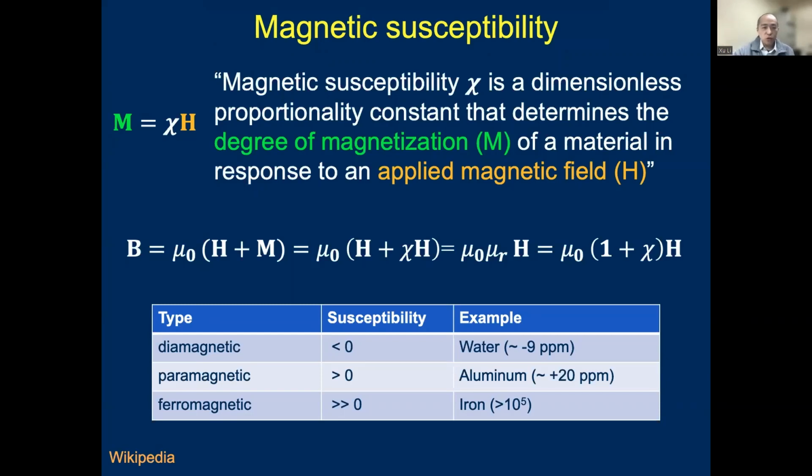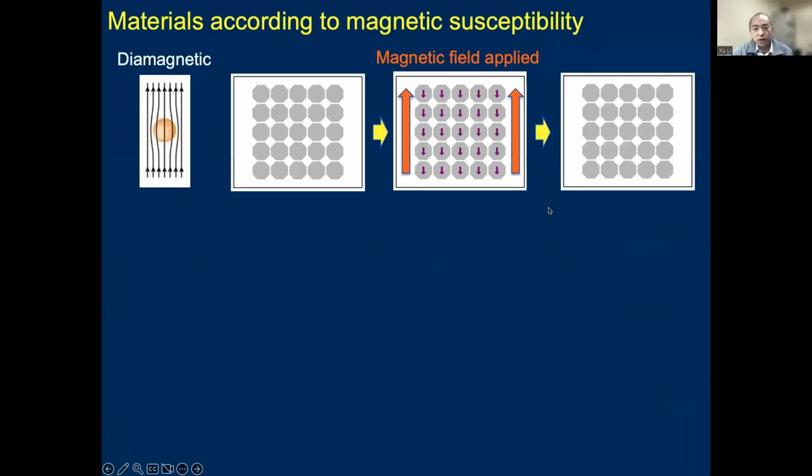And according to the magnetic susceptibilities, different materials can be categorized as either diamagnetic, which means their susceptibility is less than 0, or when the magnetic susceptibility is larger than 0, it can be either paramagnetic or ferromagnetic. And of course, materials with different magnetic susceptibility have different behaviors when they are placed in a magnetic field.